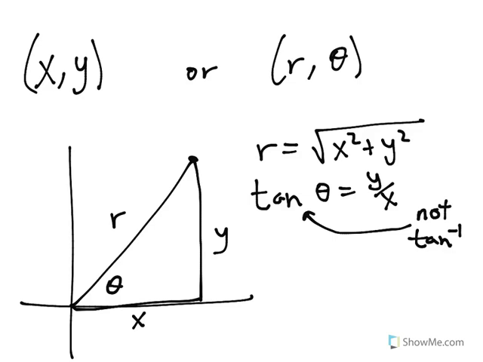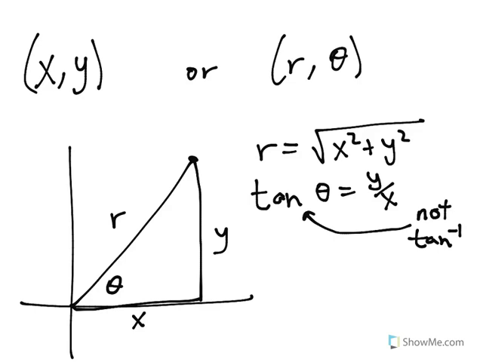Now, we might use an inverse tangent sometimes in our problems, but what I want to focus on in this video is being really careful about which quadrant your point is in. Because if you remember, the inverse tangent function is restricted to output values of quadrant 4 or quadrant 1.